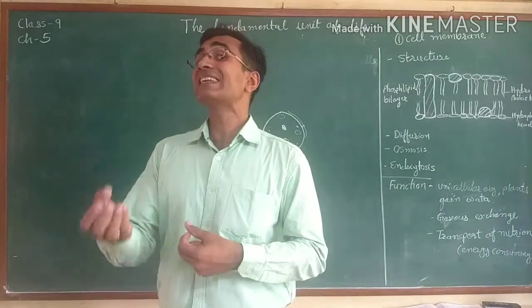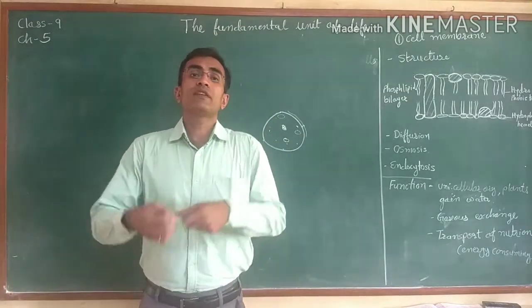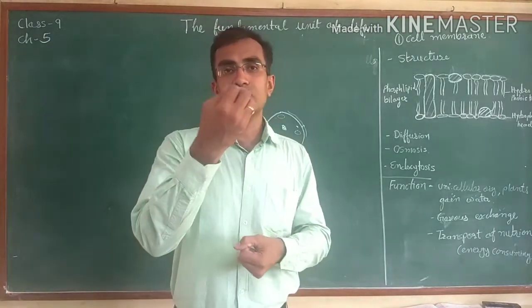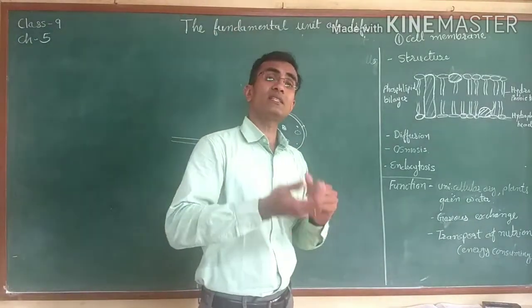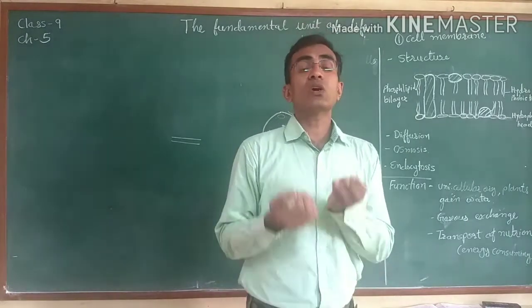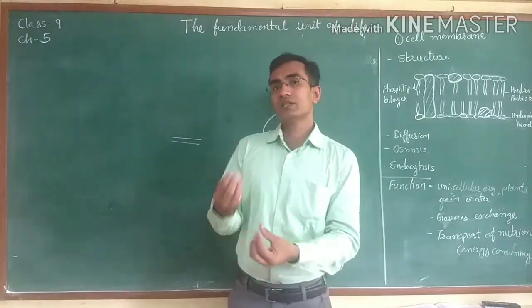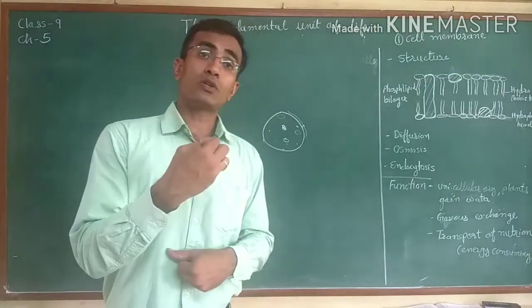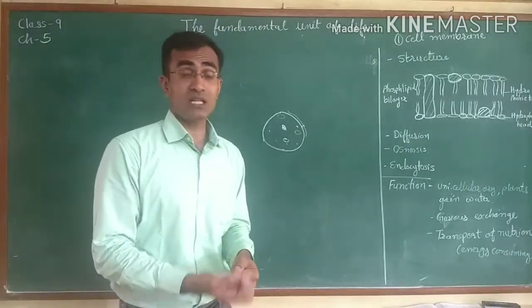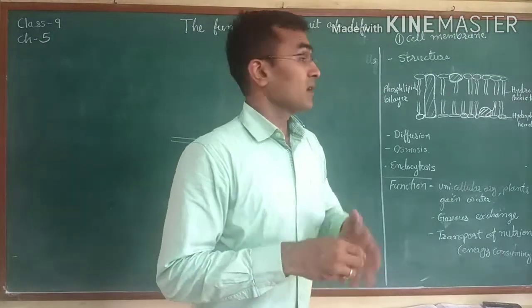As we breathe in, along with all the different gases, oxygen also enters, and that oxygen needs to reach the cell, because every cell needs oxygen for the respiration process, right? So to perform respiration, they need oxygen.